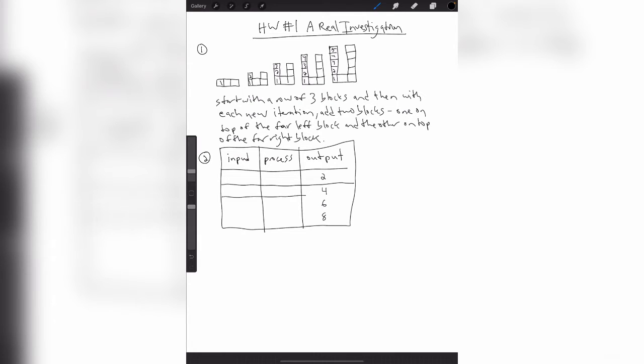So let's just start with that. Let's start with what we know. Okay? And it looks like each time we're adding 2. So we start with 2. So our original process would be 2, and our first input would be the first one, the second one, the third one, and the fourth one.